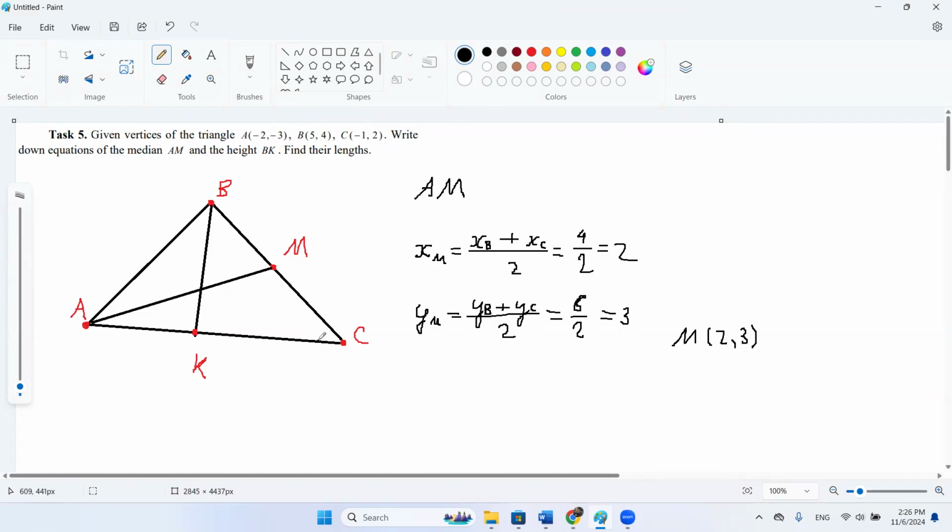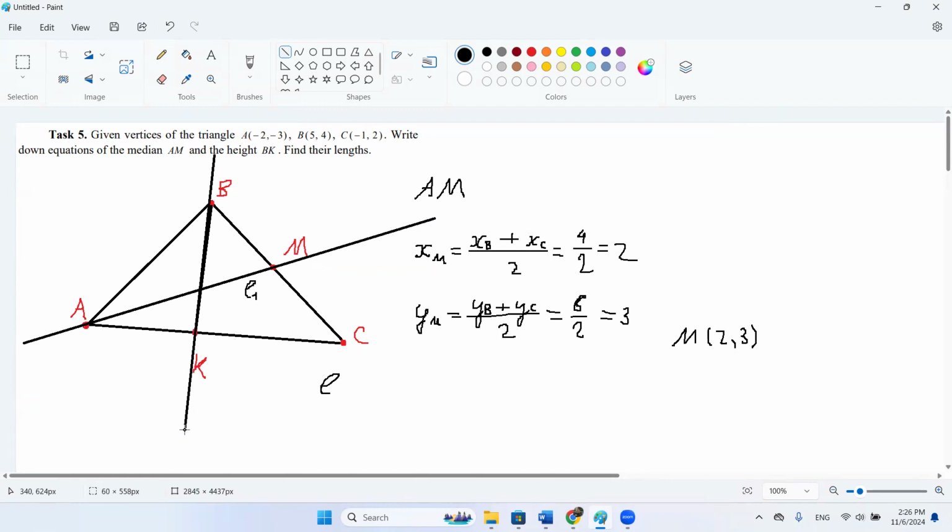And now writing down the equation of AM. Okay, let it be L1. So if we continue this straight line, and this can be continued as well, so it's infinite. We know it.